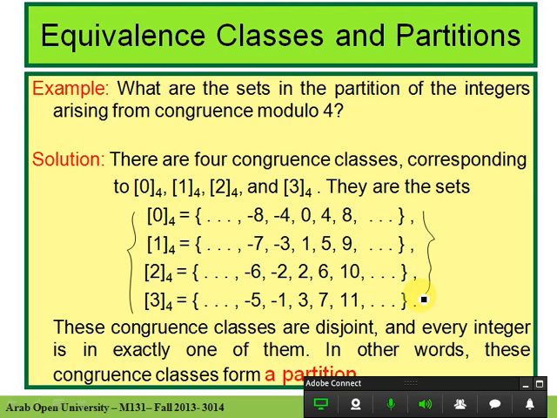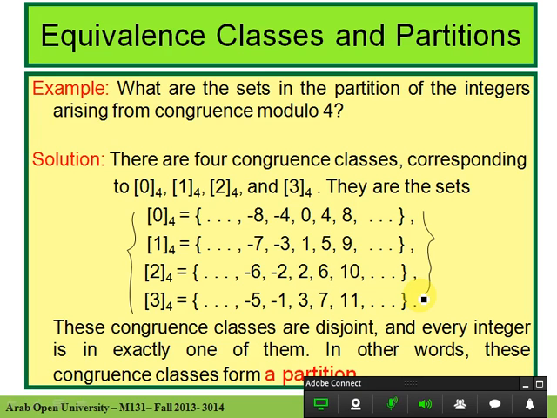Modulo is nothing but the remainder of a number when you divide by any number. When asked for a number modulo something, you should take the remainders.